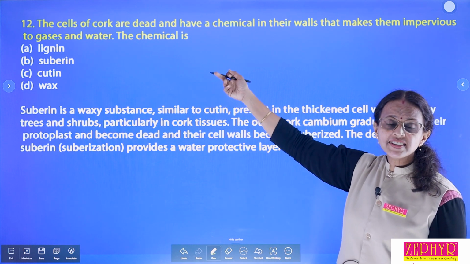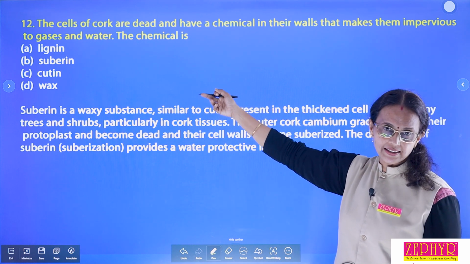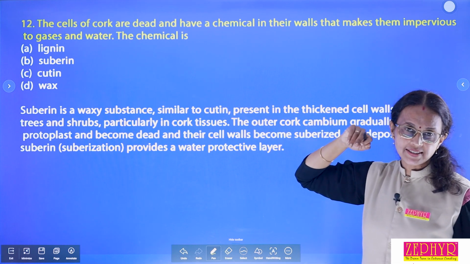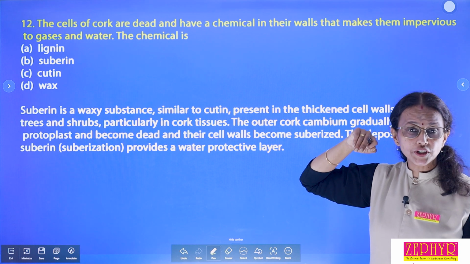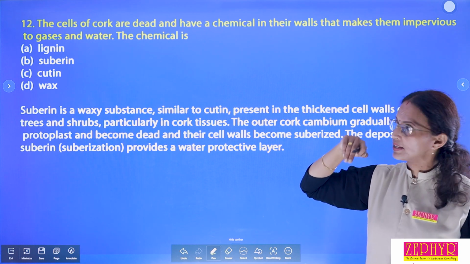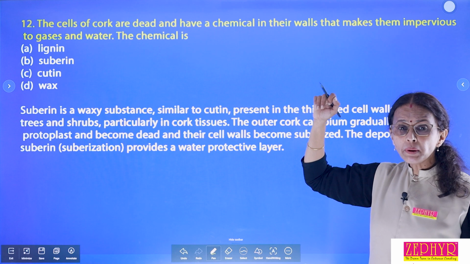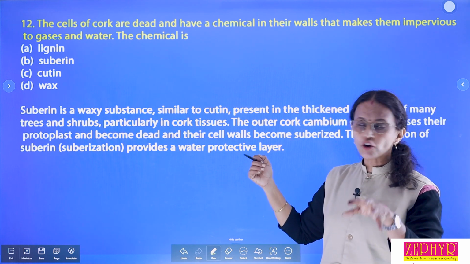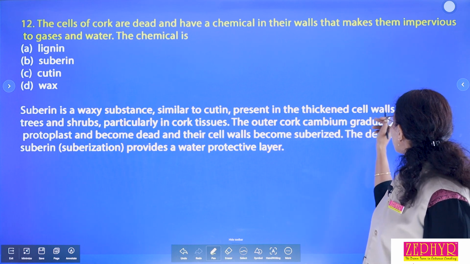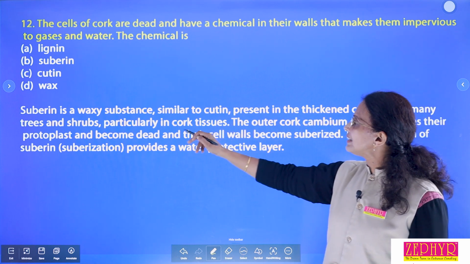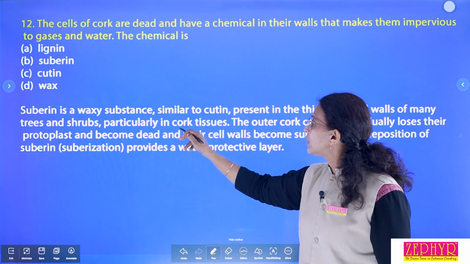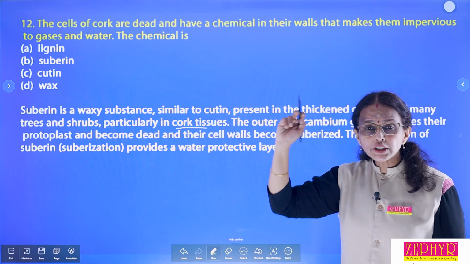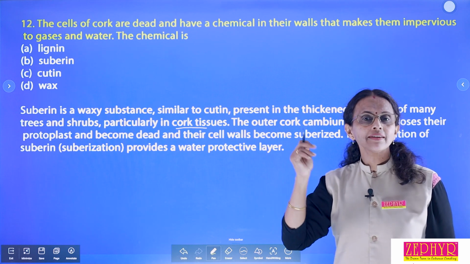Lignin means lignified cells. For example, sclerenchyma is a simple permanent tissue which is lignified. Second, suberin. Suberin is a waxy substance similar to cutin or cuticle present in the thickened cell wall of many trees and shrubs, particularly in cork tissue. Cork is the outermost covering of a tree.